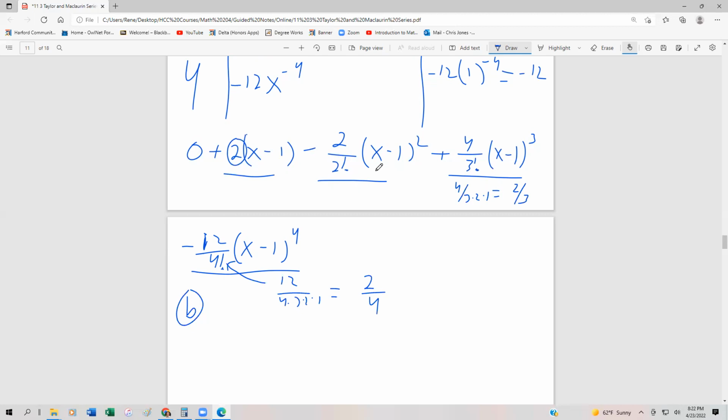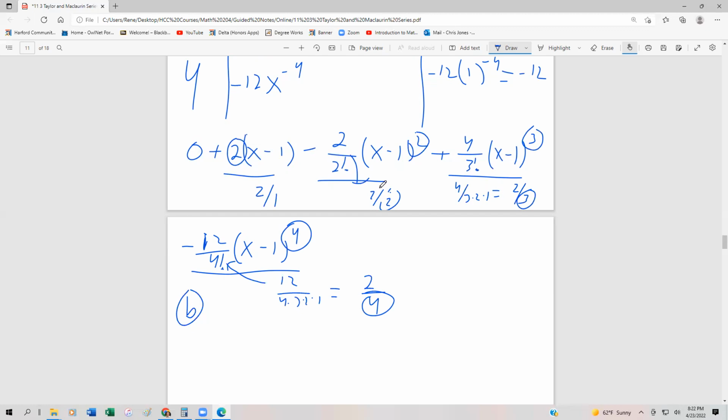And then over here, this would be 2 over 2, and this would be 2 over 1. So it looks like each of the powers in the denominator is just going to be the same as the power that's affixed to each of the exponents.